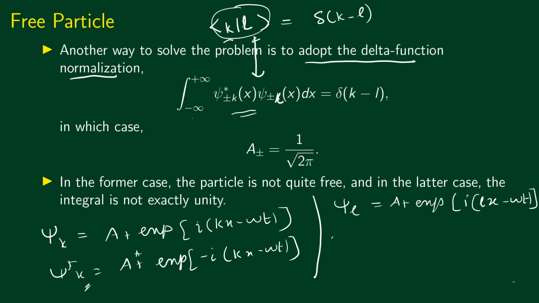Now let's find psi star k psi L first. This would be modulus a plus square. Now if you look at this exponential minus i omega t here, it will cancel with the exponential i omega t in this term, so that term will just drop out. We are left with exponential i, with the x pulled outside, times L minus k.